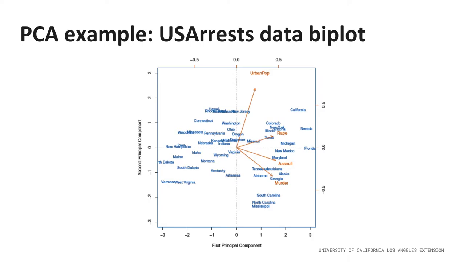And then when you look at it from the y-axis standpoint, the second principal component, the urban pop is way up, while murder, assault, and rape are kind of flat or slightly down. And so you can start seeing which variables are grouping together. Murder, assault, and rape represent something, while urban pop represents something else.